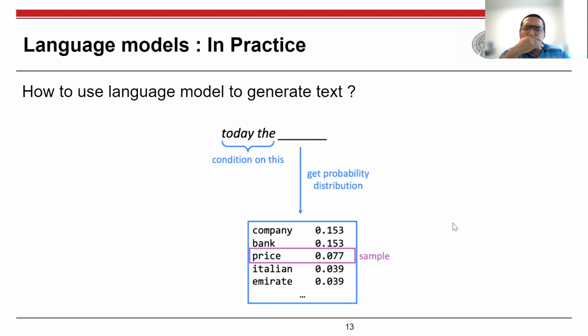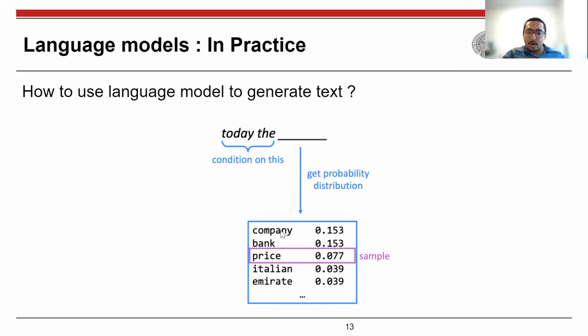So let's talk about some of the applications of language models now. As you can see, a language model can easily be used to generate text, to create long sequences of text. As an example, let's say you have the text "today the".